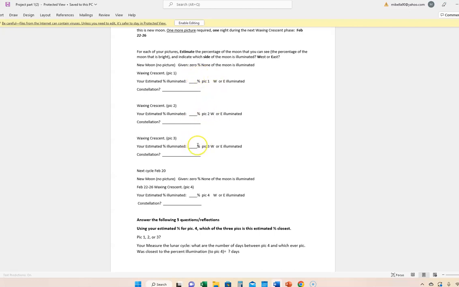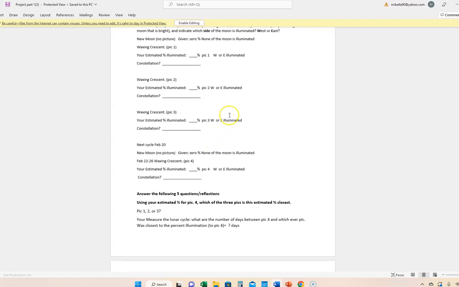And then whichever one, let's say for example your third picture right here, let's say you estimate that 25% of the moon is illuminated that night. All right, so you're going to look to the next phase.